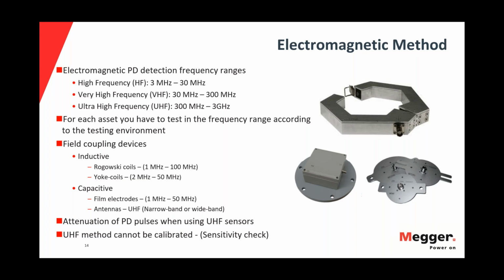So there will be almost no PD in the UHF range. There will be a little, but most of it will be eliminated. That's why it is used more on GIS. But UHF is still useful on transformers, and I'll discuss where in the next few slides.